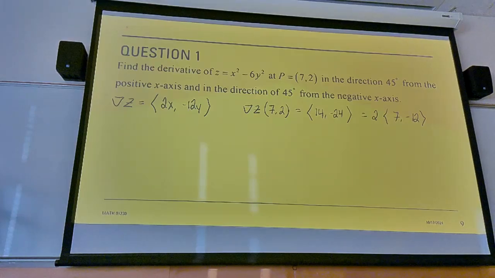Let's call it u sub 1 to represent the direction for the positive, or 45 degrees from the positive x. What would that be? Cosine 45. Where's 53 coming from?